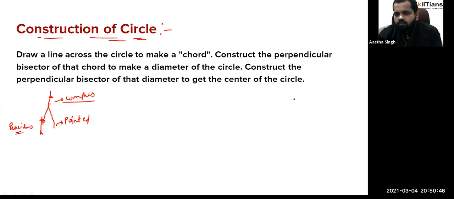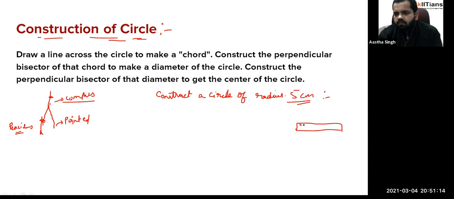So what we have to do? Suppose you have to construct a circle. The question is: construct a circle of radius 5 centimeter. Okay. So with the help of your ruler or scale, this is how your scale looks like, right?